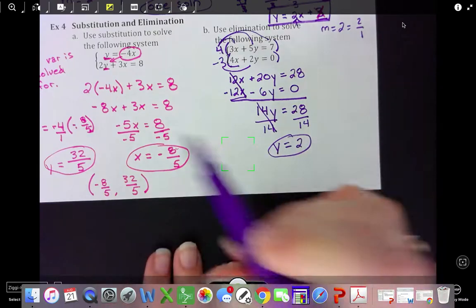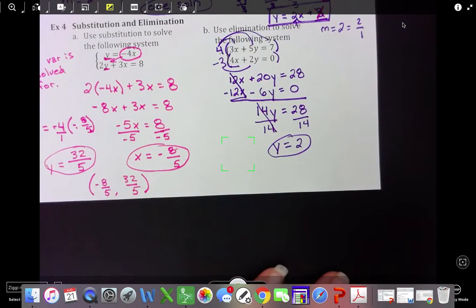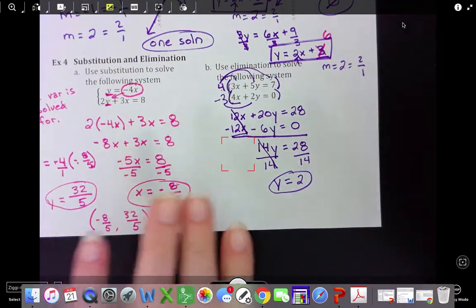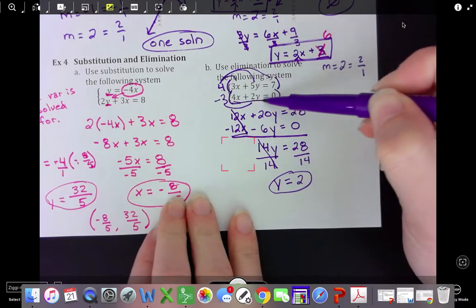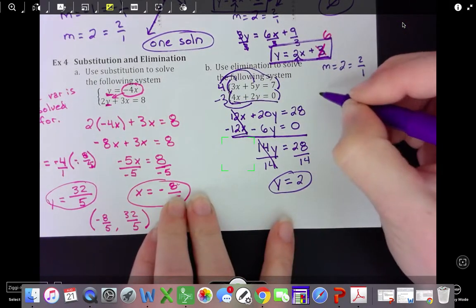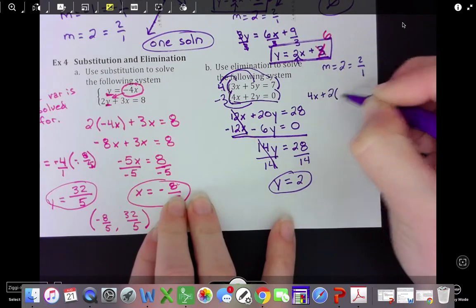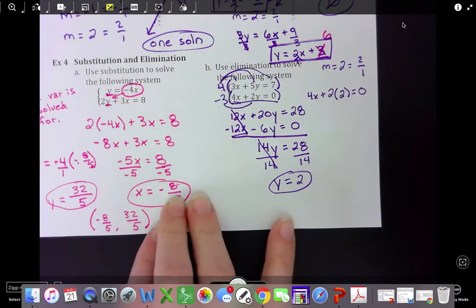Now, just like we did in this other example, I'm going to have to plug that back into one of the equations up above. In this example, let's do this second equation. So let's do 4x plus 2y equals 0, because I like the 0 in there. So 4x plus 2 times whatever y is, and we said y was 2, equals 0.